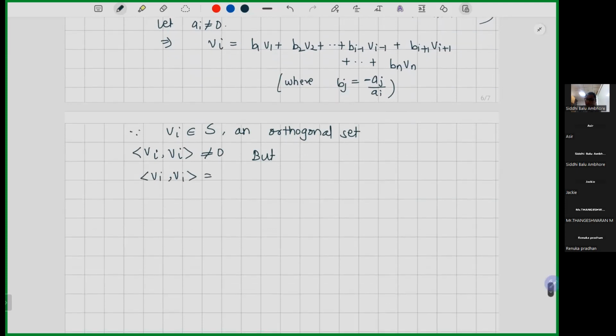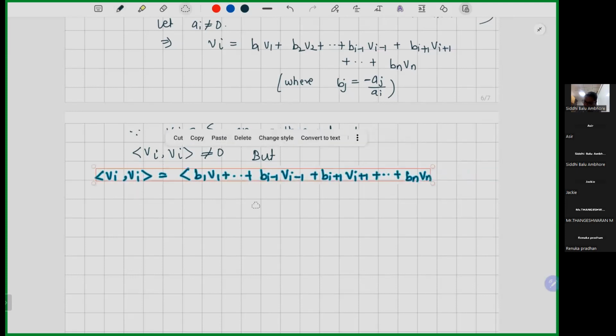If I substitute this vi as it is, b1 v1, and so on up to bi-1 vi-1 plus bi+1 vi+1 plus bn vn, comma vi.